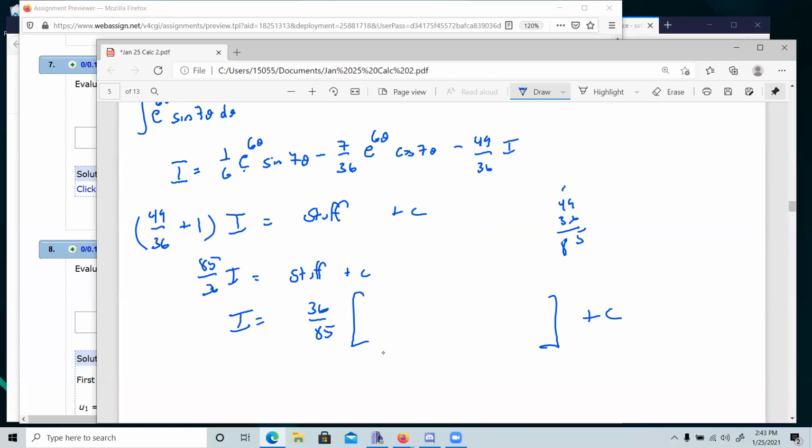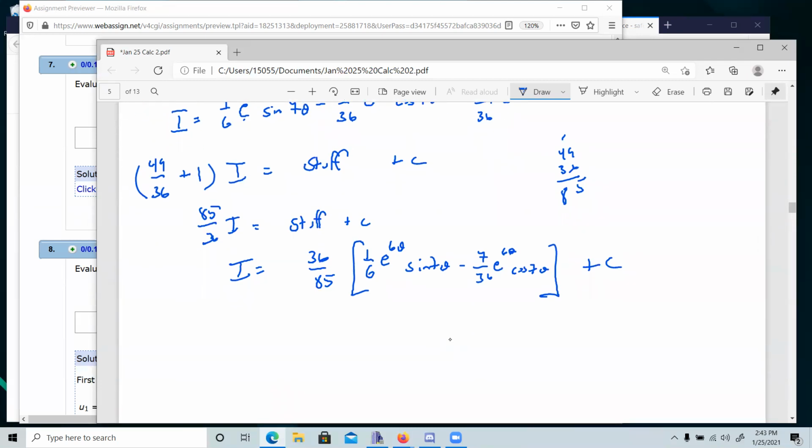Okay. So we're going to have 1/6 e to the 6 theta sine 7 theta minus 7/36 e to the 6 theta cosine 7 theta. And I guess we could do some simplification here if we really wanted to, so the integral equals, let's go ahead and do that.